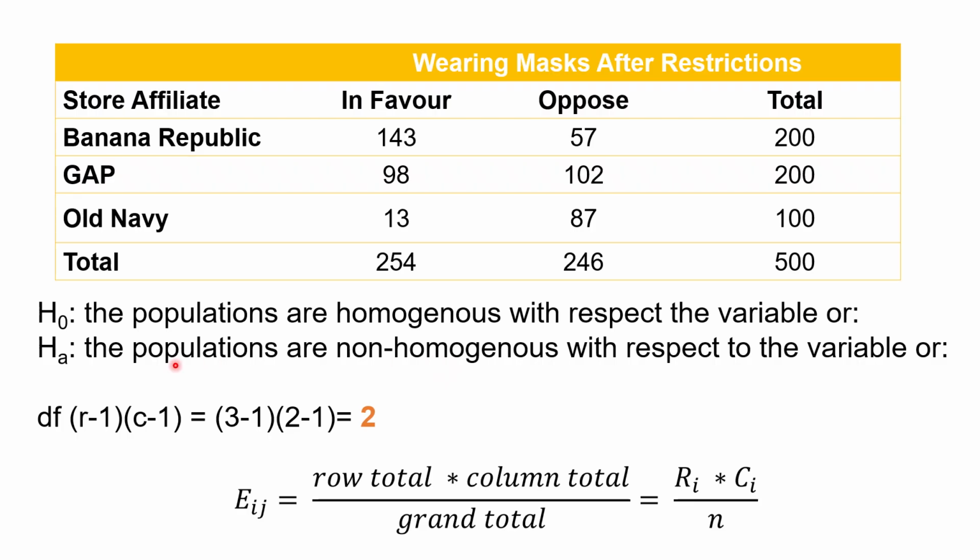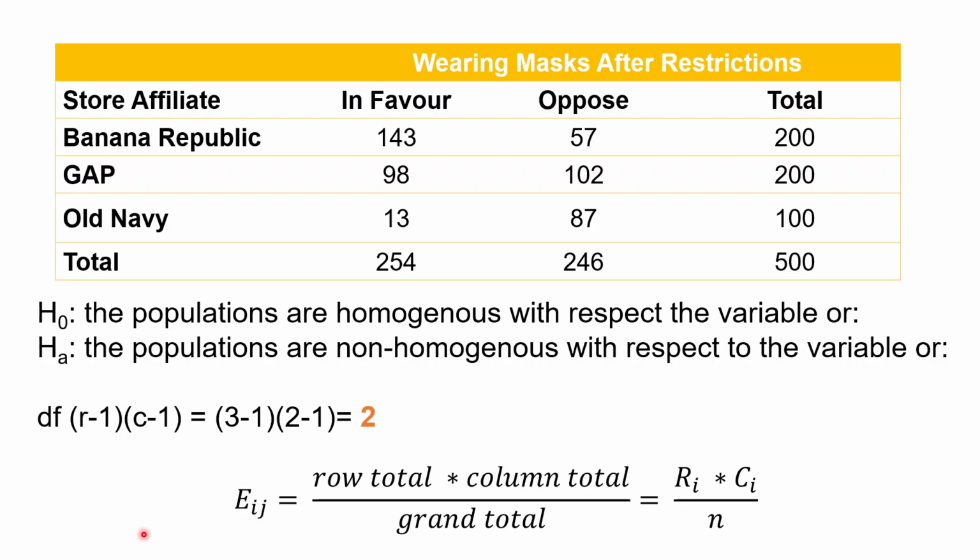Okay, so the parameter of interest here is the proportion of the employees who wanted or opposed having masks after restrictions. And the hypothesis here is generally that all the employees are homogeneous with respect to this, they all agree with it, or they are not homogeneous, most of them don't agree with it.